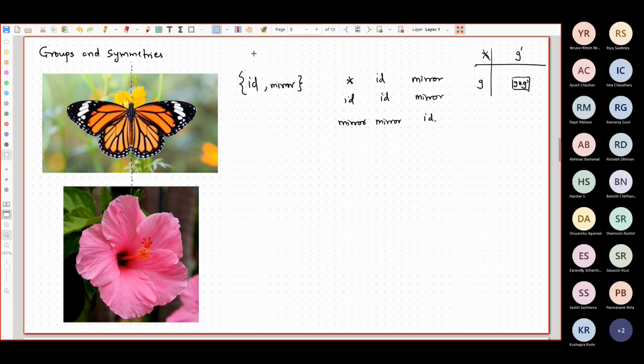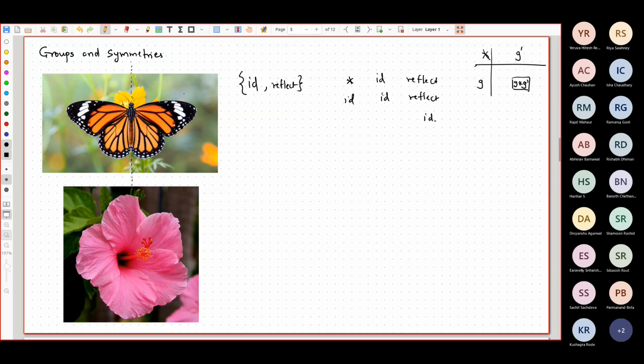For convenience, I'm calling the first element ID, identity, don't touch the butterfly, and the second element as take the mirror image, or rather, reflect it about, or maybe it's better to call it reflect instead of mirror. Let me just call it reflect. So the reflection operation is with respect to this vertical axis. And so then the star is a composition function, kind of. Yes. Okay.